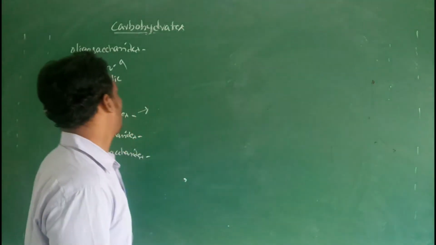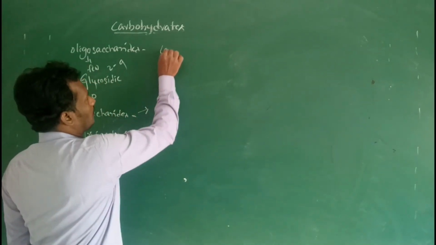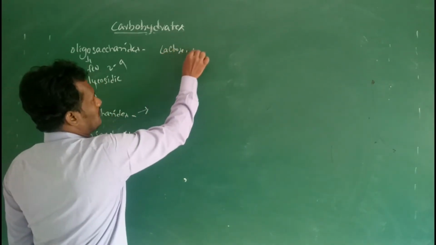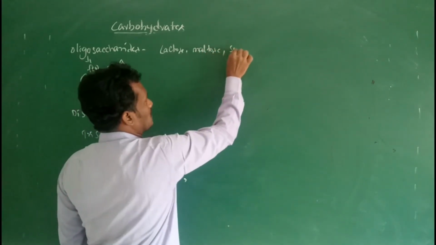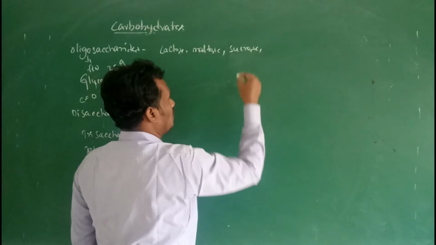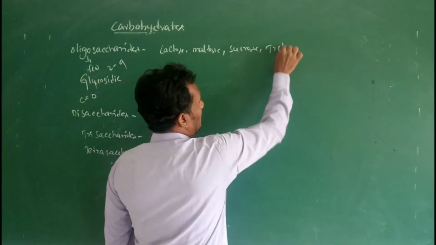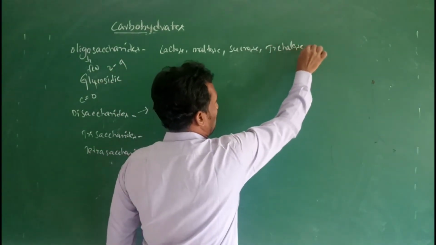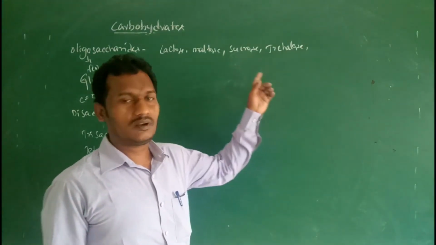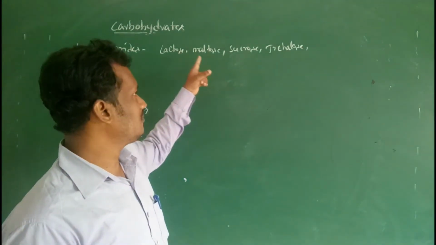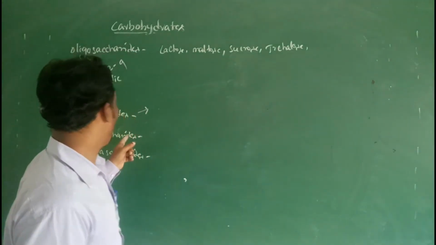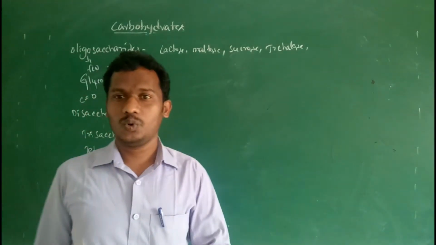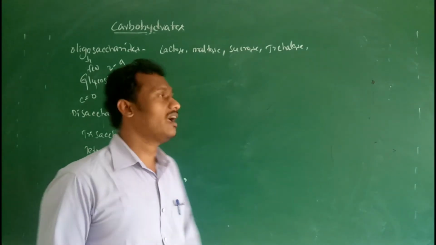The best examples are lactose, maltose, sucrose, and trehalose, which are examples of disaccharides. Then in a trisaccharide, three monosaccharide units are present.